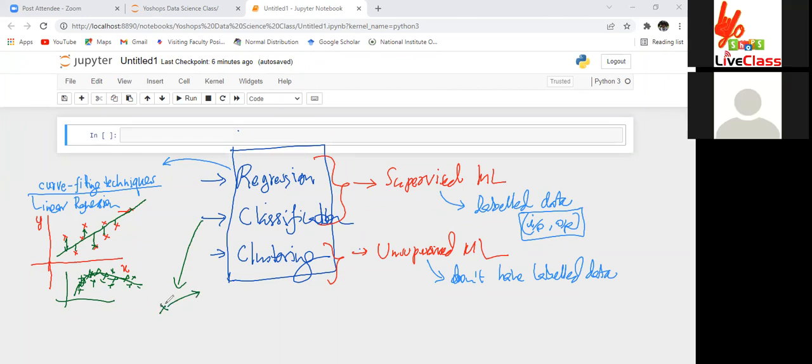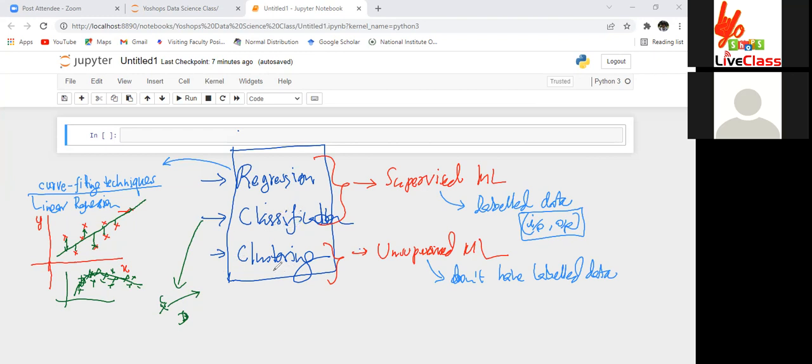Like the most simple example would be, suppose you have image data, cat and dog images. If you have a classification algorithm defined, the algorithm should be able to identify the cat and dog images from it, right?